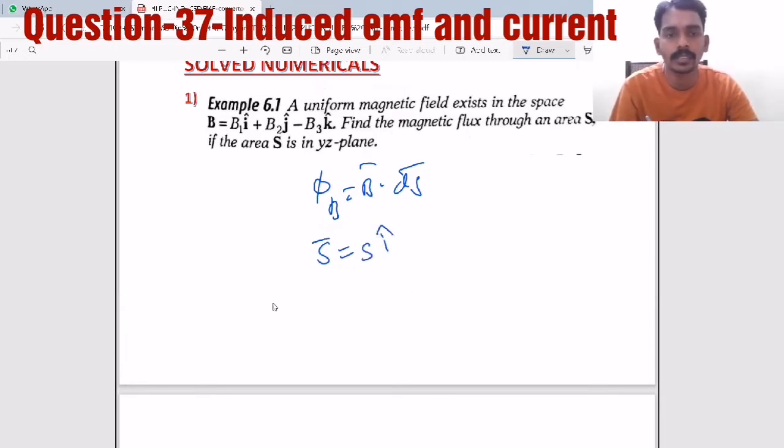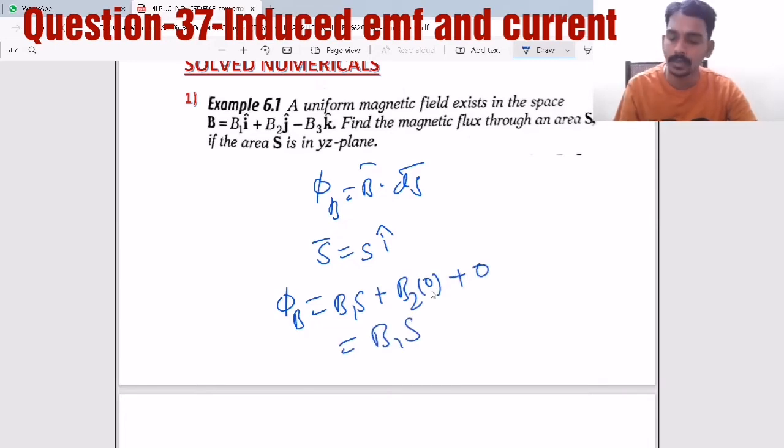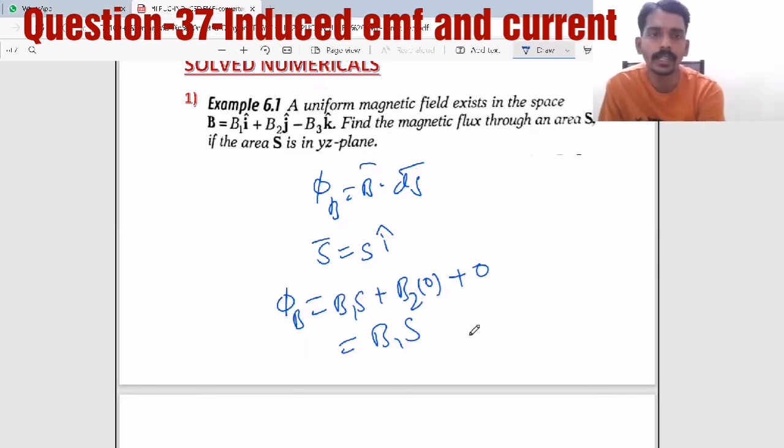YZ plane perpendicular means X. Then in the dot product, i coefficient times i coefficient is B1 into S, plus the j coefficient is not there, so 0, and the k coefficient also 0. So the magnetic flux is B1 S. So if you want to find electric flux or magnetic flux, you need to know how to find the scalar product of two vectors.